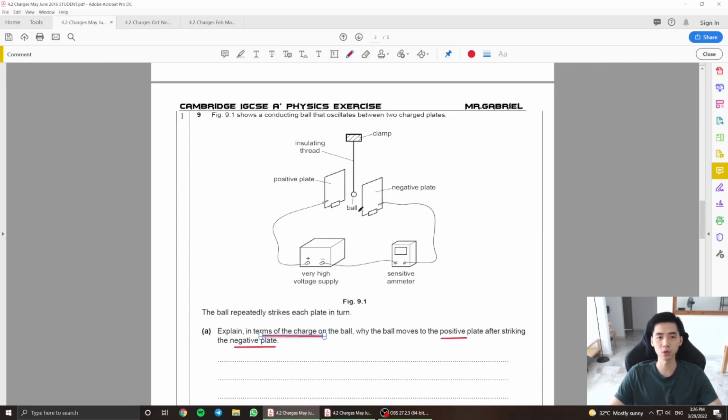So basically, you have to understand that as soon as this ball hits either one of the plates, it will become positively charged or negatively charged. So let's say for example it strikes the positive plate and becomes positively charged, it will be repelled by the positive plate and strike the negative plate here, where it will then become negatively charged, and the whole thing will keep repeating itself.